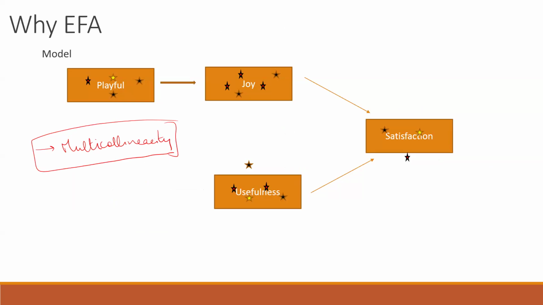This is what happens under EFA. What will be the minimum number of statements? Ideally, you should have a minimum of 3 statements, but PLS also allows you to run the model even if you have 1 statement. But logically, I normally don't take fewer than 3 items per scale, right? Okay.